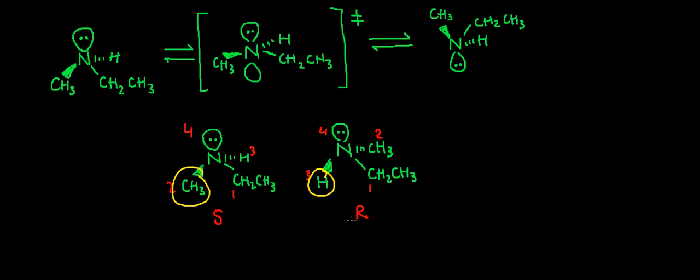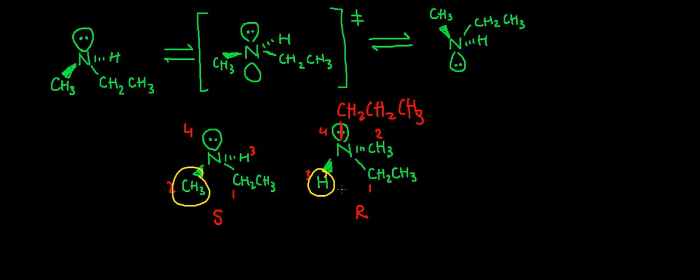And the only time you see named nitrogens generally are when there is not a lone pair, and this would be bonded to something else. Say, instead of this, it would be CH2, CH2, CH3. And the reason that this can be named as an R or S is because this lone pair is no longer able to interconvert like that.